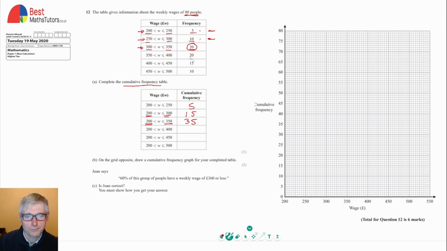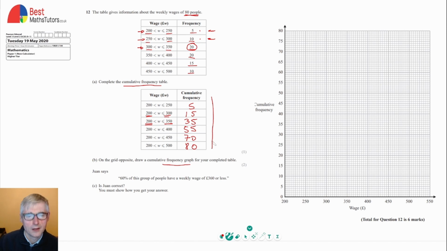The next one we can add another 20 on to the 35, so that's 55. Then we add 15 onto that, so 15 plus 55 will give us 70. And then finally we add this 10, and if we add 10 onto 70, we get 80.